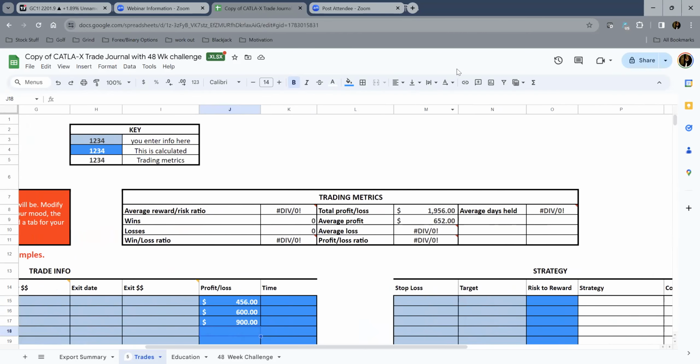And you see it automatically captures your dollars. Total profit and loss 1956. Your average profit is $652.